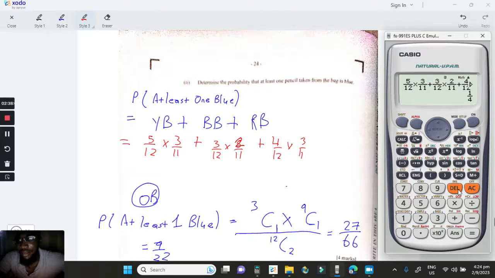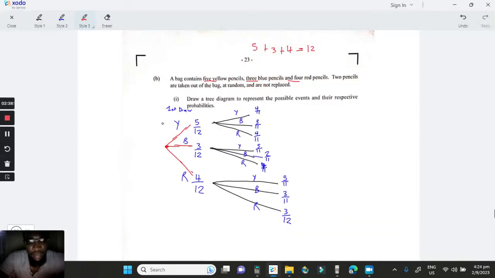So that right there, notice we get the answer. So did we cover all cases? Yellow then blue, blue then blue, red then blue. Now we need to look at other possibilities.